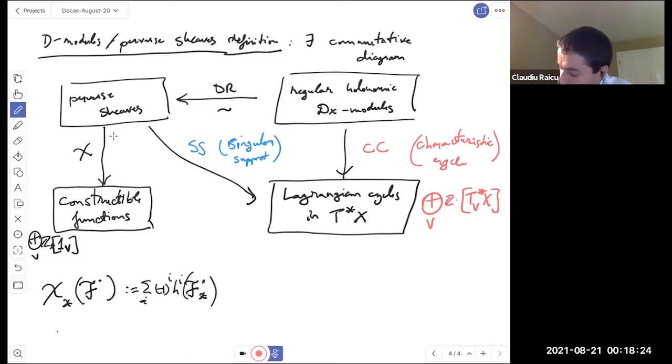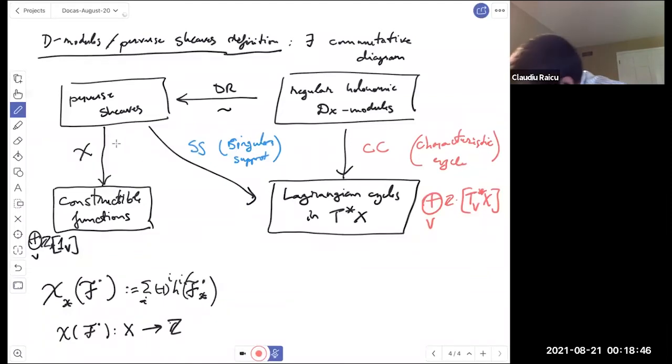So again, I think of it as a function from X to the integers.